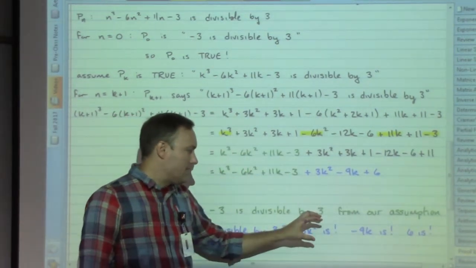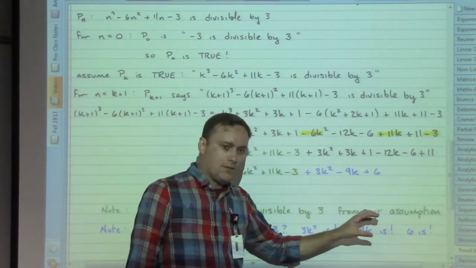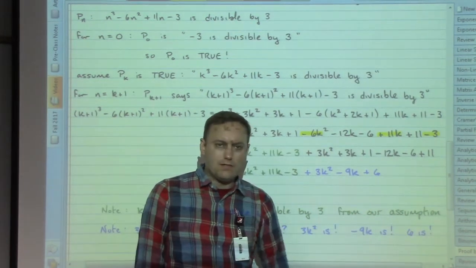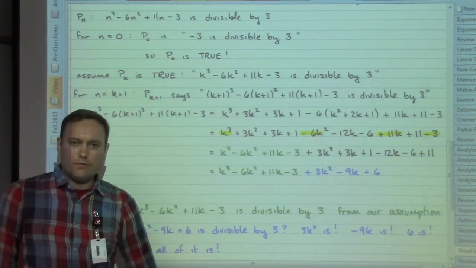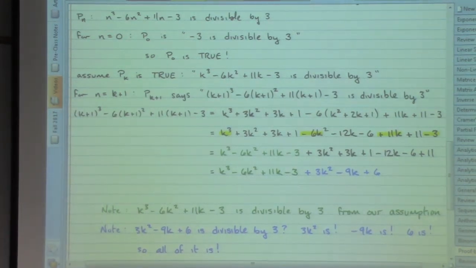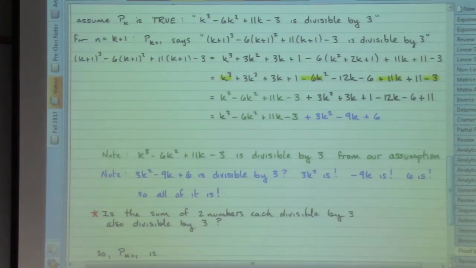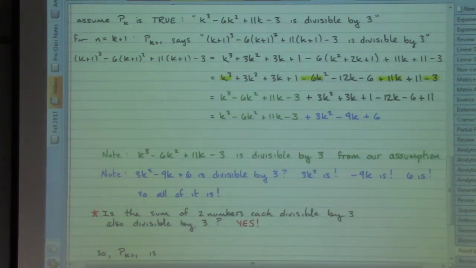So if I add something divisible by 3 to something else divisible by 3 to something else divisible by 3, then what I get will still be divisible by 3. Everything's working out here. And if the green parts and the blue parts are all divisible by 3, then when I add them together, that will also be divisible by 3.